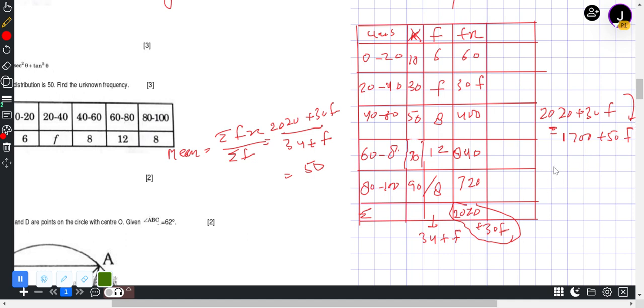So it will become 50 minus 30, that is 20f, is equal to, this will bring on this side, 2020 minus 1700 is 320. Correct? So f is equal to 320 over 20, that is 16. So f is 16. If my numbers are right, otherwise you do the numbers.